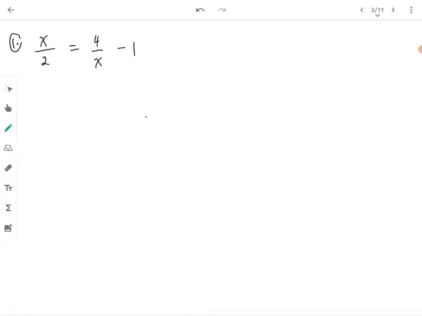So here we have x over 2 equals 4 over x minus 1. At first glance, it's not a quadratic equation, but we can rewrite it, we can transform it to a quadratic equation. What we do first is we find the LCD.